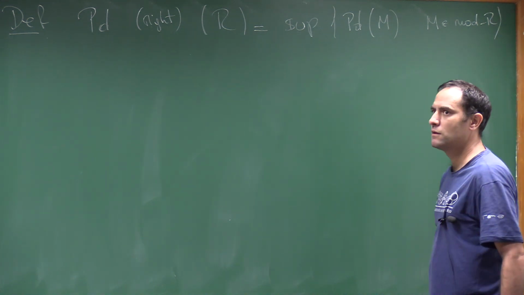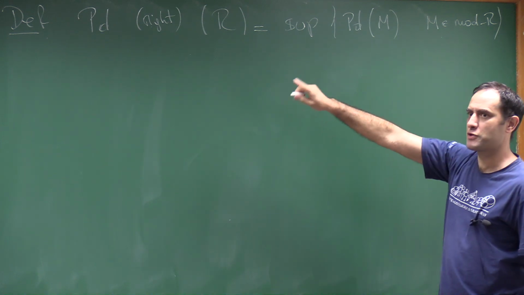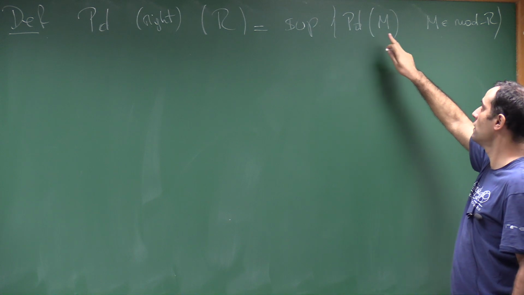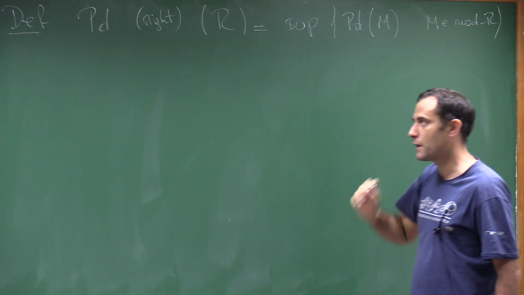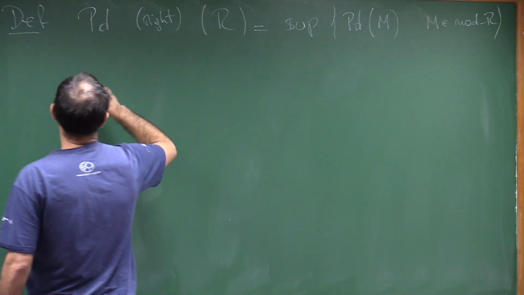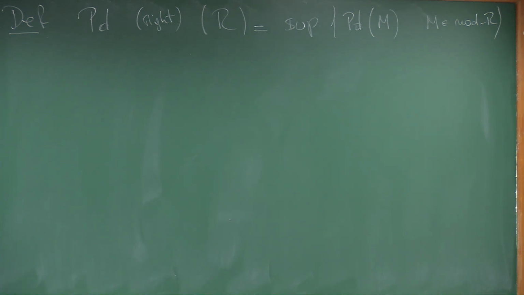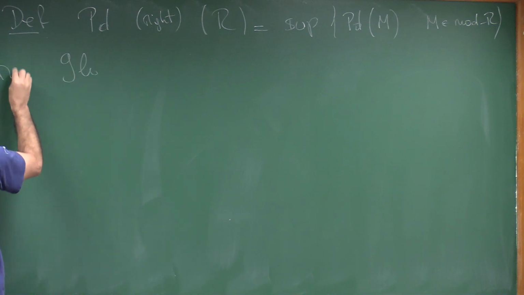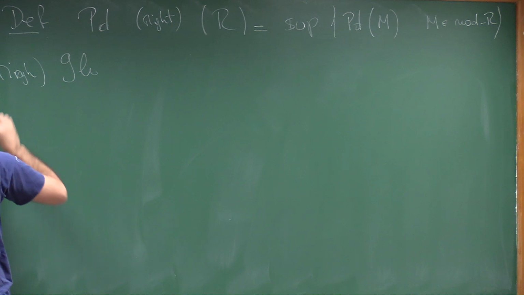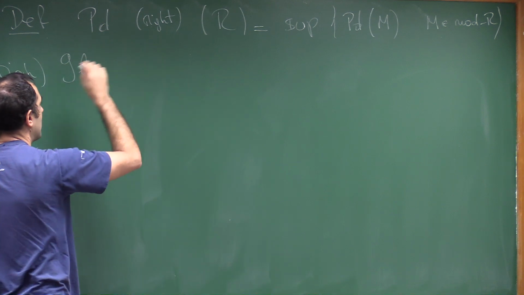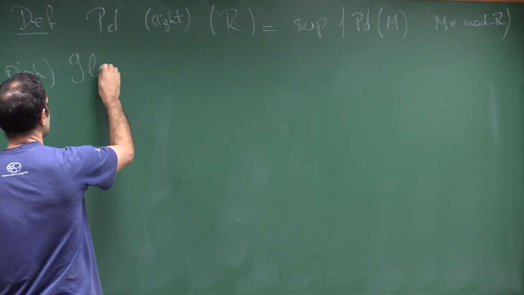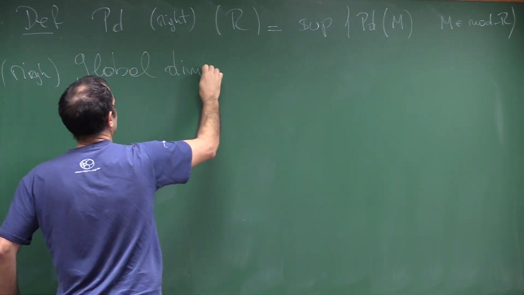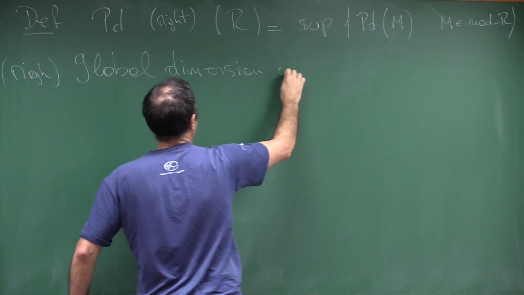And of course, you can look at the left projective dimension of the ring R being the supremum over all the projective dimensions of left R modules. So this projective dimension of the ring is also called the global dimension, right or left, depending if you look at left or right R modules. But this is the global dimension of R.